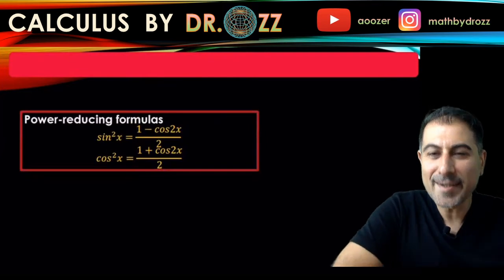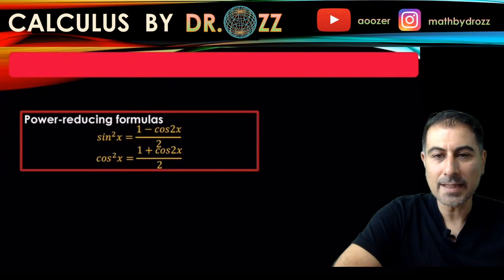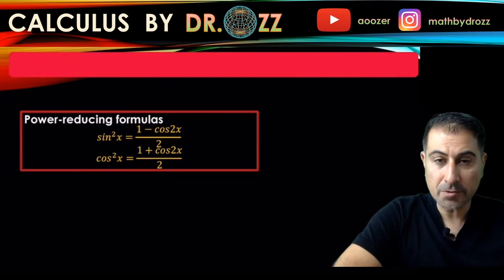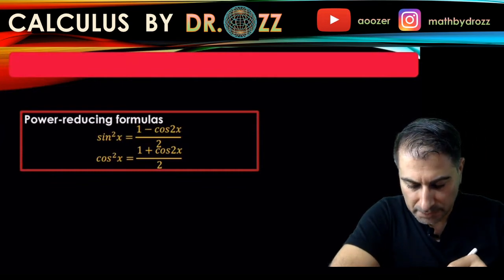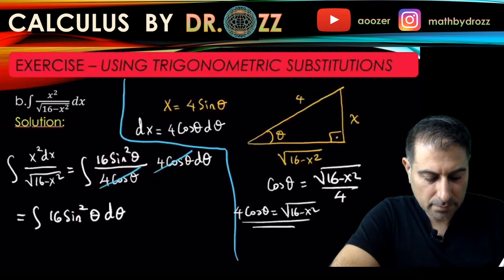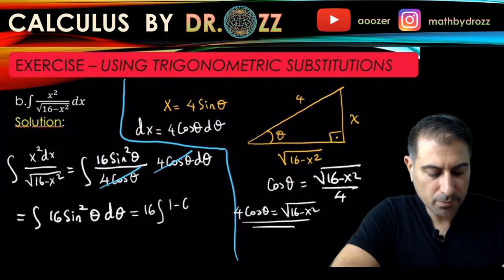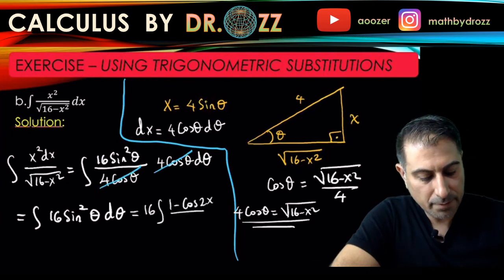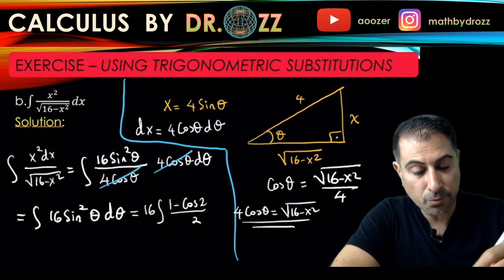Here are the power reducing formulas, one for sine, one for cosine. We're going to use the version that involves sine, so 1 minus cosine 2x over 2. Let's go back here. 16 times 1 minus cosine 2x over 2, but we have to go with theta because we don't have any x here. This is the theta formulation, right?